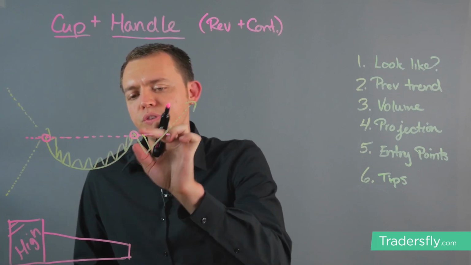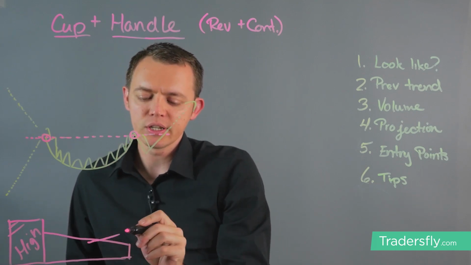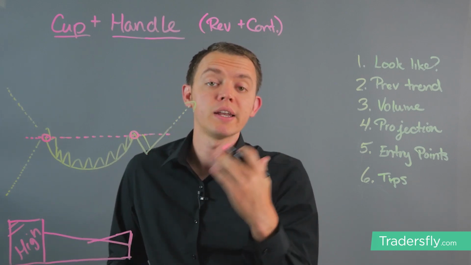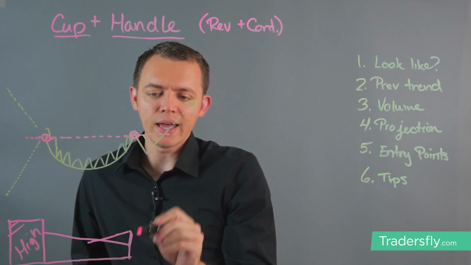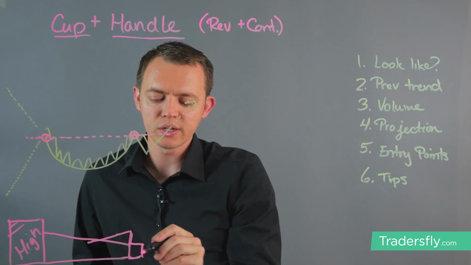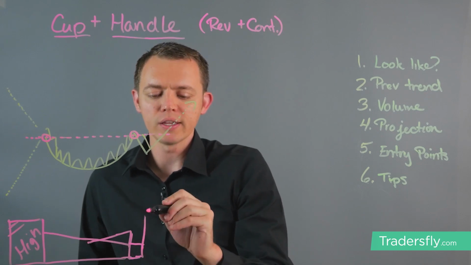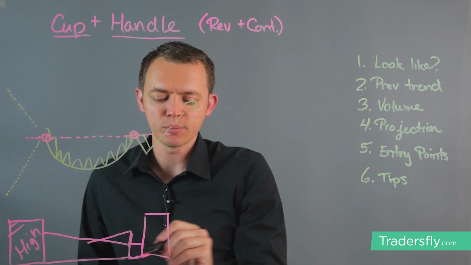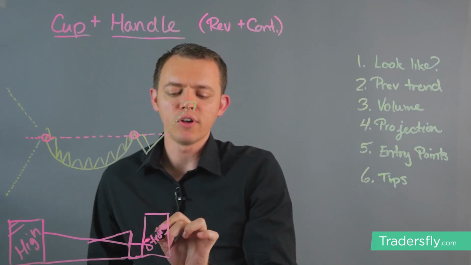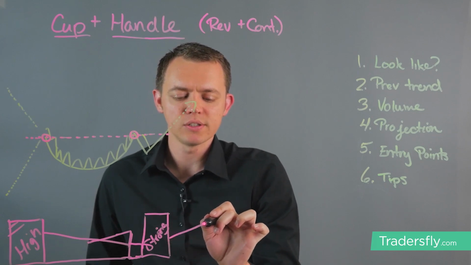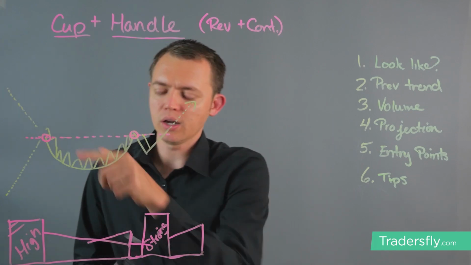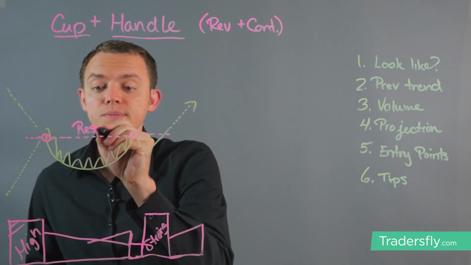But as you start moving in the next direction, sometimes you'll see a little bit of increase in volume picking up because you're going to start to move to that next breakout point. And then again, when you see this pullback of the handle, you'll probably see light or weak volume as well. Then as you move into higher prices and break out, you'll probably see some more strong volume. Sometimes that strong volume slowly gets there. Other times it can pick up very quickly because you're breaking above this resistance level.